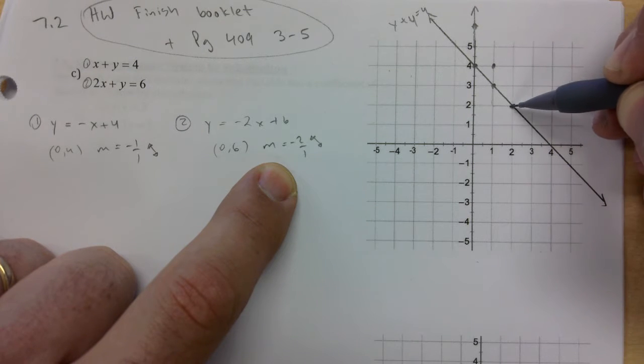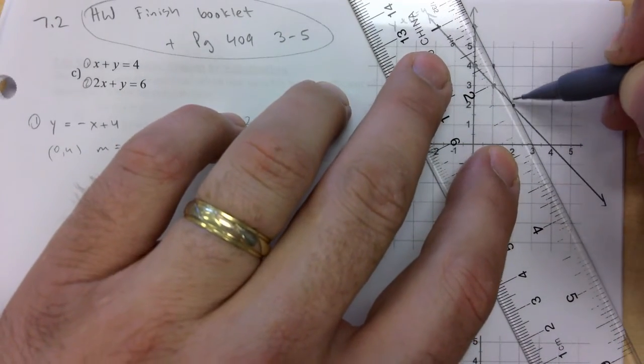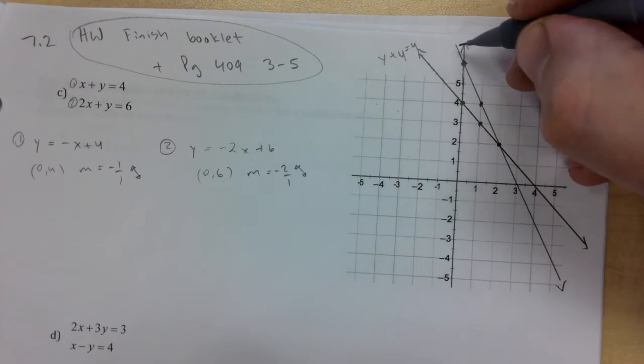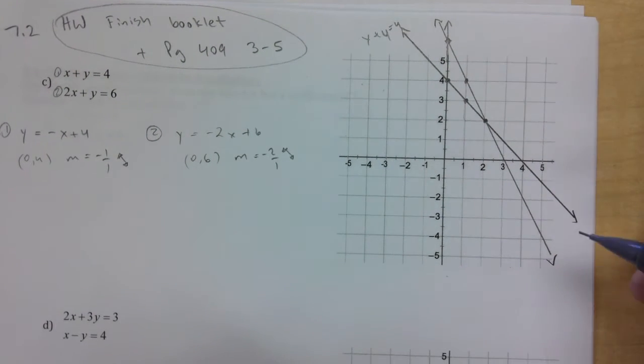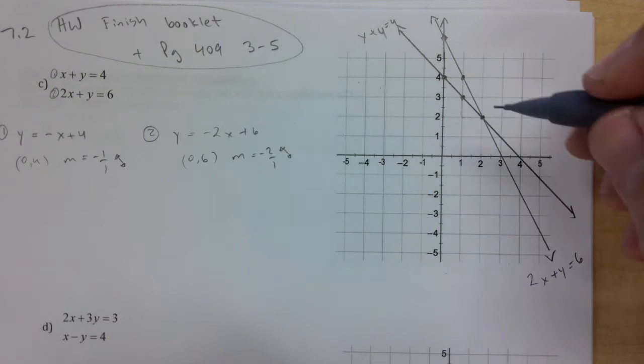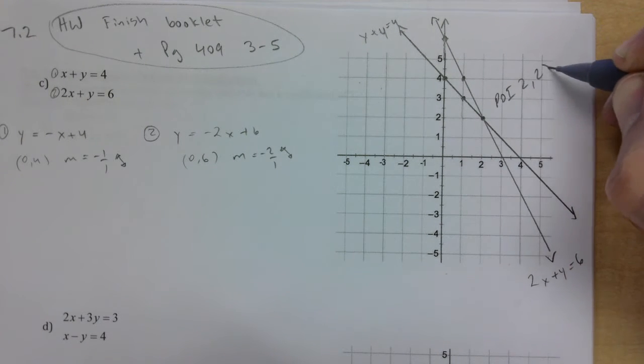So we have our 3 points. Line them up. You have to be problem solvers if it goes out of the grid, right? And this is 2x plus y is equal to 6. The POI is definitely 2, 2.